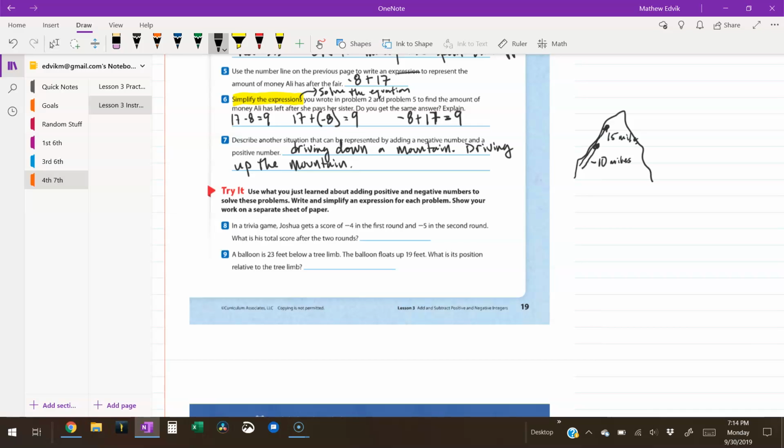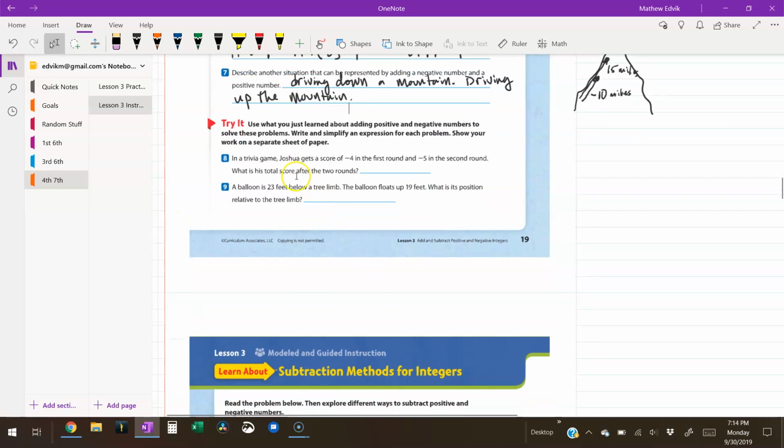So try it. Use what you just learned about adding positive and negative numbers to solve these problems. Write and simplify an expression for each problem and show your work on a separate sheet of paper. So in a trivia game, Joshua gets a score of -4 in the first round and -5 in the second round. What is his total score after 2 rounds? So there's a couple of ways to model this, but we're going to write and simplify an expression is what they ask for. So we've got -4 plus -5.